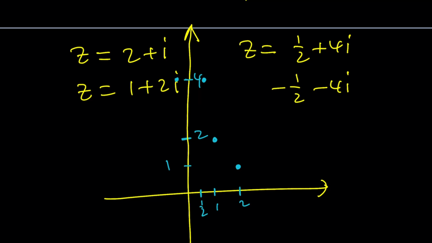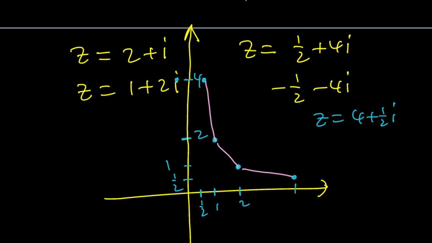So there's a symmetry. And then if I connect these dots, and obviously if I look at z equals 4 plus 1/2 i, that would also work, right? Wouldn't it? So 4 plus 1/2 i would be somewhere here. Now if I connected these dots, what kind of shape do you think I would be getting? A polygon?